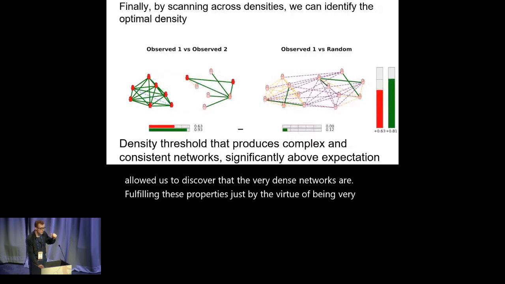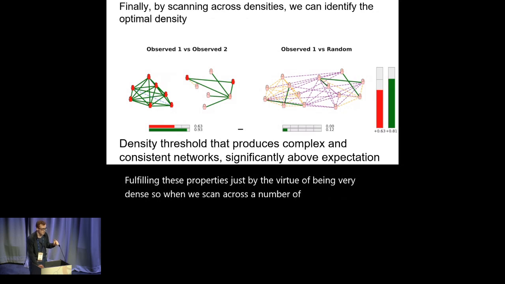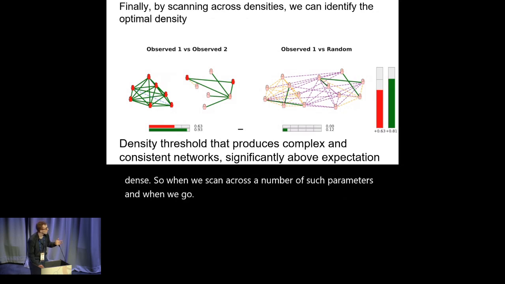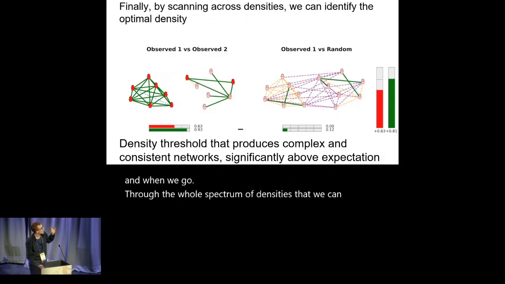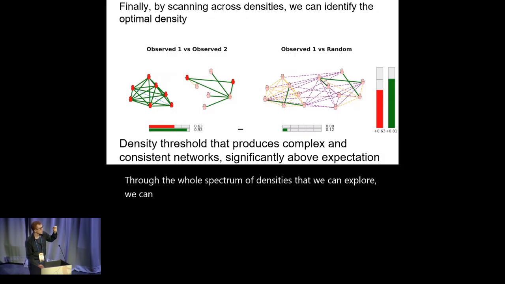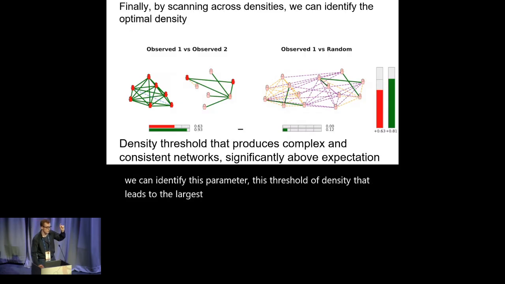So when we scan across a number of such parameters and when we go through the whole spectrum of densities that we can explore, we can identify this parameter, this threshold of density that leads to the largest difference between observed complexity and consistency and the value when it's adjusted for the random network.